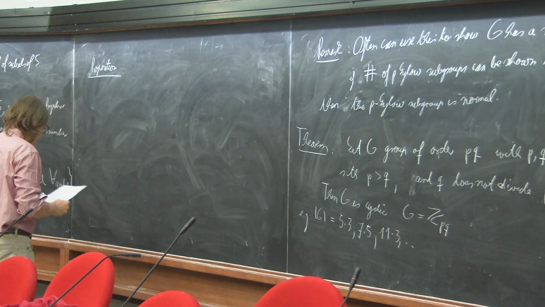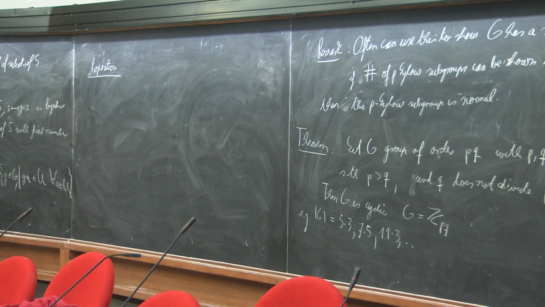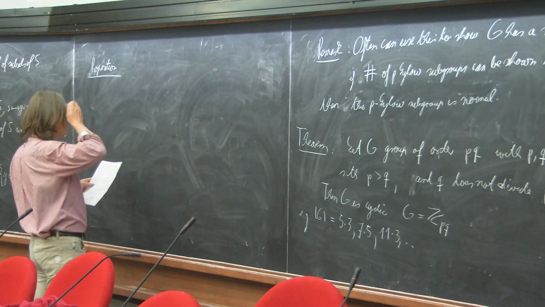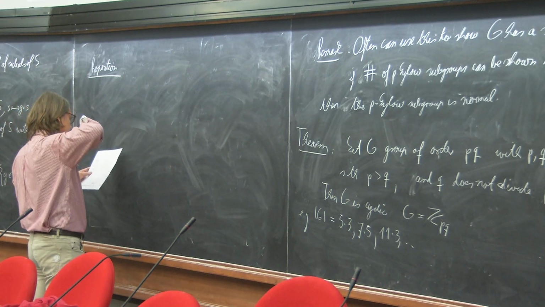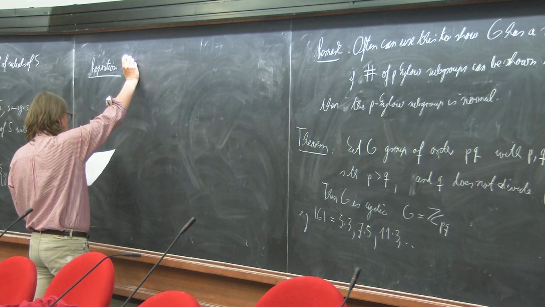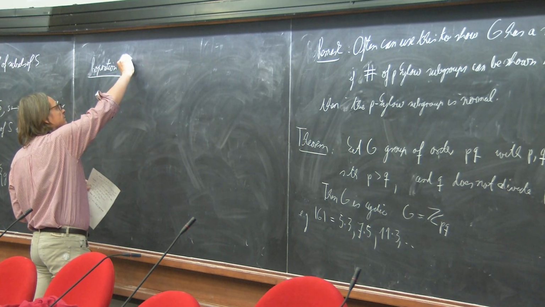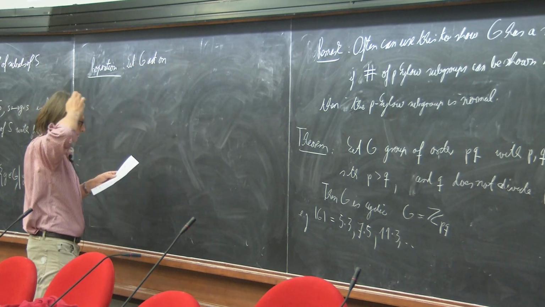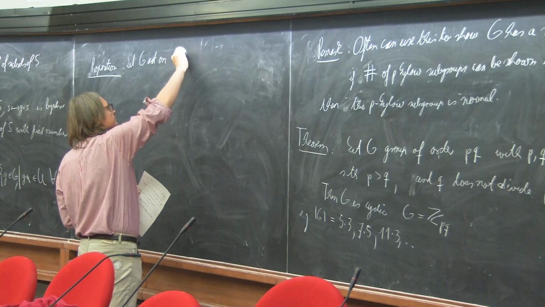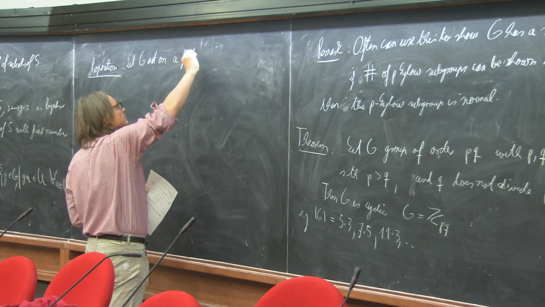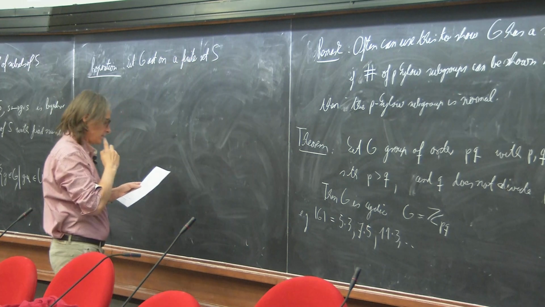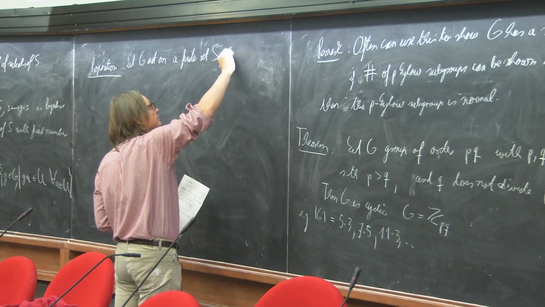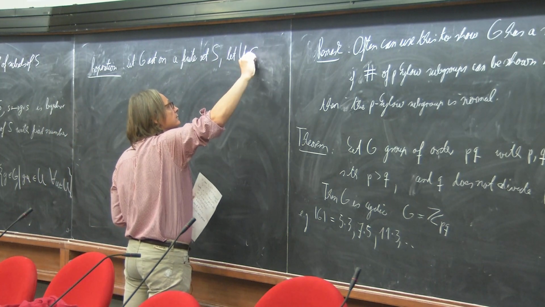So we want to know when is the stabilizer of a set U the whole of G. So when is U, so to speak, a fixed point of the action. So let G act on a finite set S, and let U be a subset.